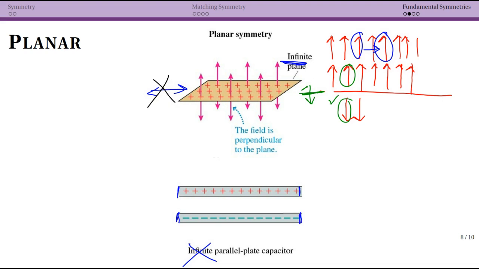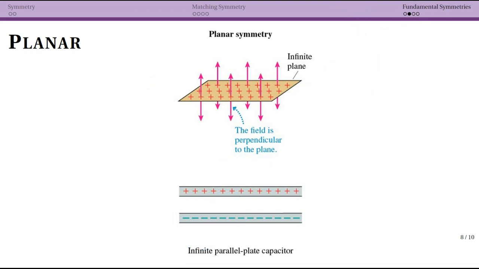So just like in the cylinder example, now this point and this point do not look the same, but we still have this reflection symmetry, and we still have a sideways reflection symmetry over the center. So if I had a finite parallel plate capacitor and I wanted to draw what the fields were, I could use this to think through how it changes, because I'm actually losing my translational symmetry, but the rest of them need to be the same. So again, this can be a technique for qualitatively thinking about more complicated shapes.